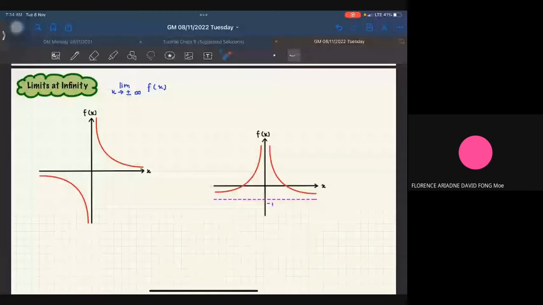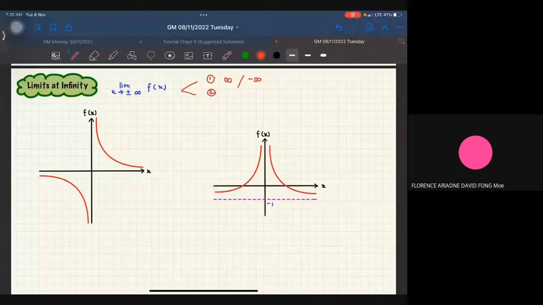Okay, so before that, limit at infinity, dia akan ada 3 case yang berbeza. Case yang pertama, awak akan jumpa let's say terus dapat jawapan sama ada infinity ataupun negative infinity. Second case, awak akan jumpa a constant divide by a positive or negative infinity.